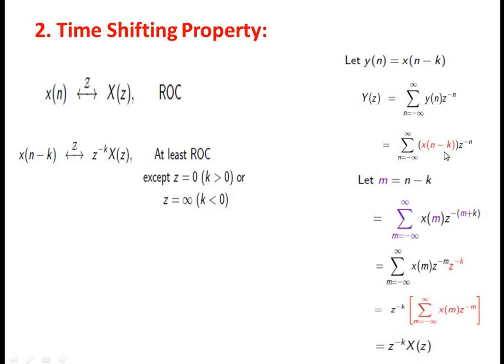Now you can replace all this n minus k by m, so n we can write as m plus k. But you can observe that in the summation we do not have k, we have only m. So we are just replacing n, but the value of n would be m plus k.